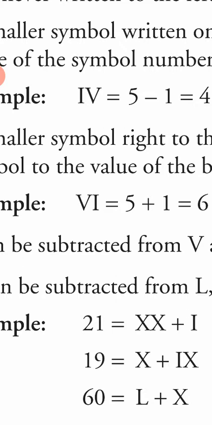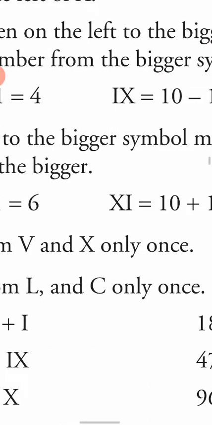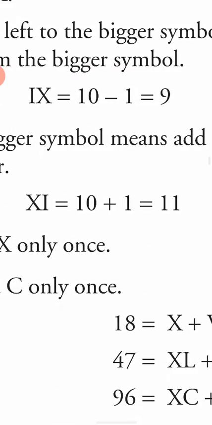So to get the value we will subtract the smaller number from the bigger one. That means we will subtract 1 from 5. So the answer is 4.